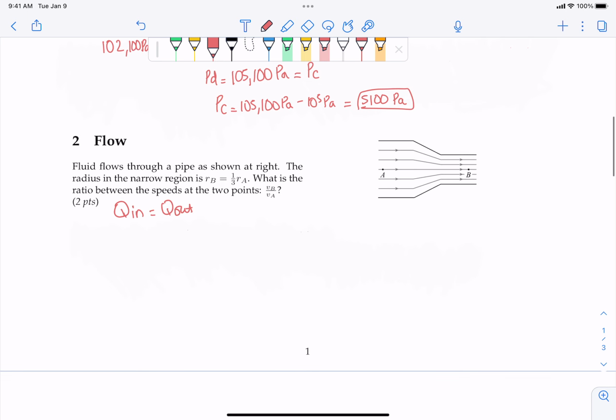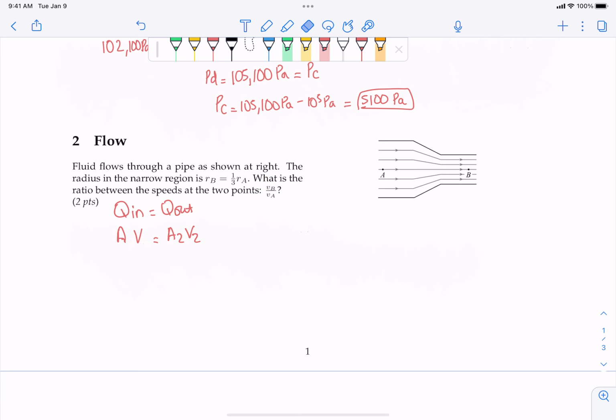And as an extension of that, we know that Q, which is the flow, is equal to the area times the speed for each section. So area times the speed here should equal the area times the speed there, so we can already see that we can solve for our VB versus VA.